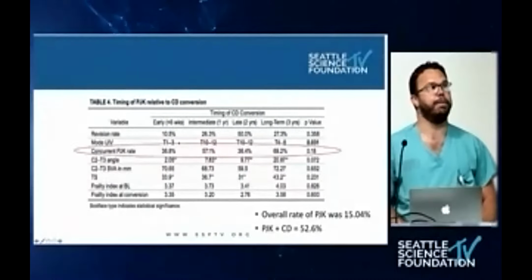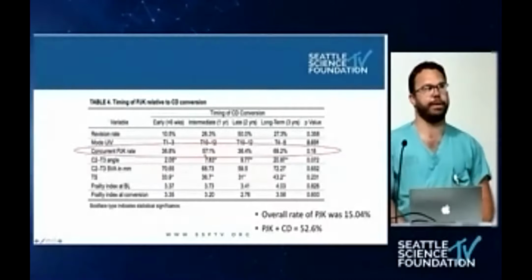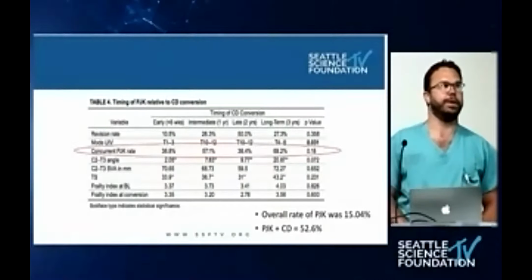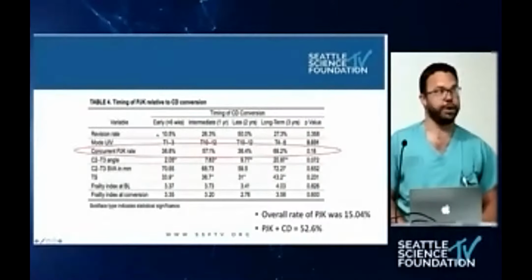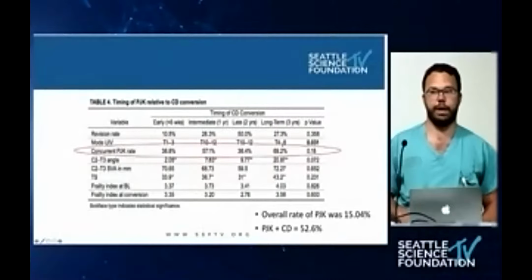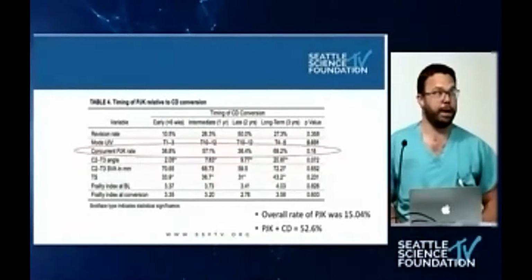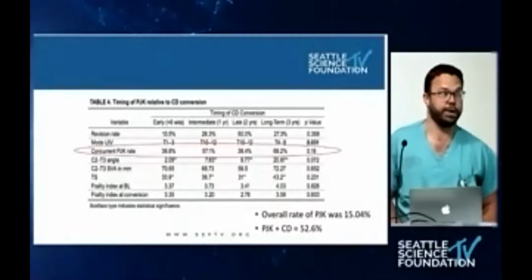And then their mode, based off the timing of the cervical deformity, there was patients that were at early conversion most likely had a T1 to 3 versus, as an intermediate was T10 to 12, late T10 to 12, but then the long term would be like the upper instrumented vertebral body would be T4 to 6.